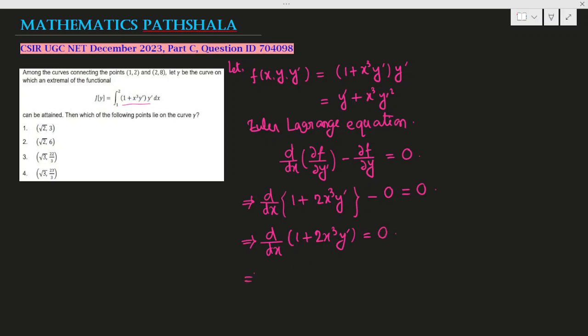And here we get 1 plus 2x cube y dash is equal to c, integrating both sides, where c is any arbitrary constant.